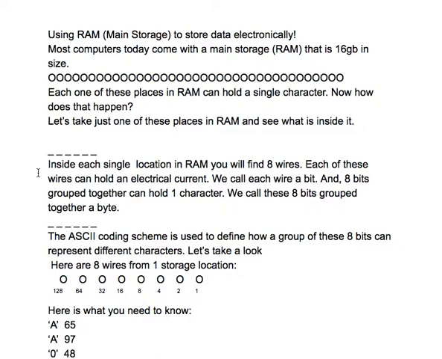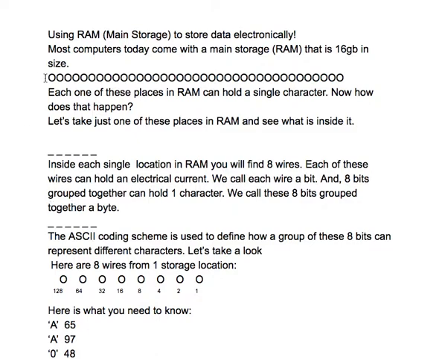Okay. So inside each location in RAM, you'll find 8 wires. And a wire can hold an electrical current. We call each of these wires a bit, B-I-T, and 8 bits grouped together can hold one character. We call these 8 bits grouped together, these eight wires, a byte.